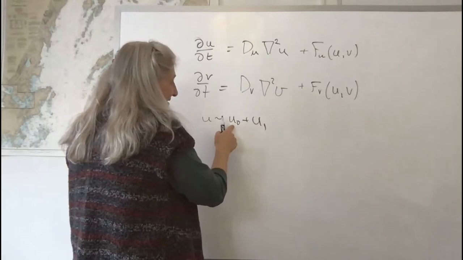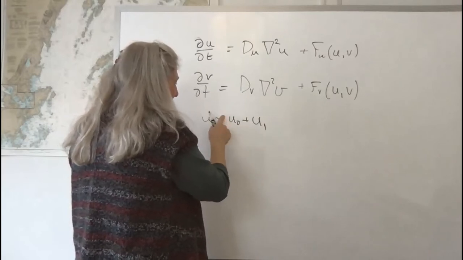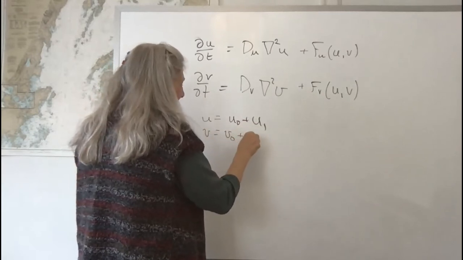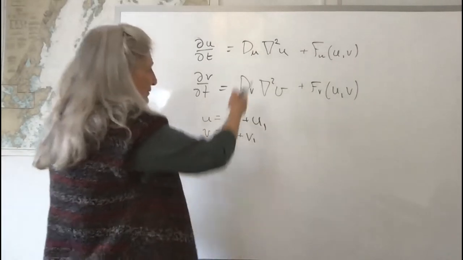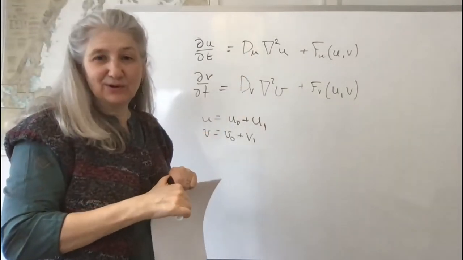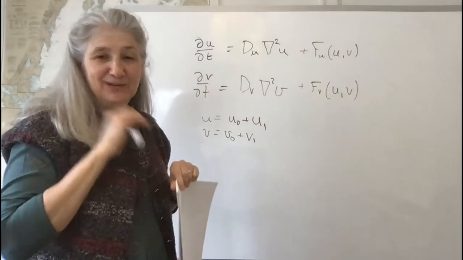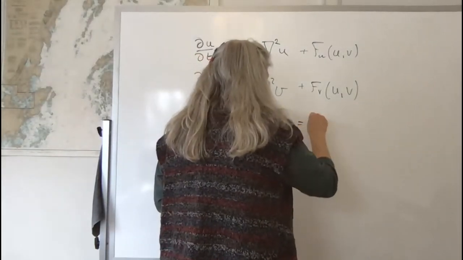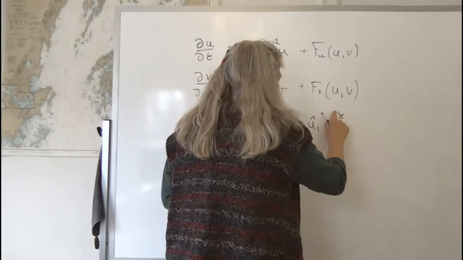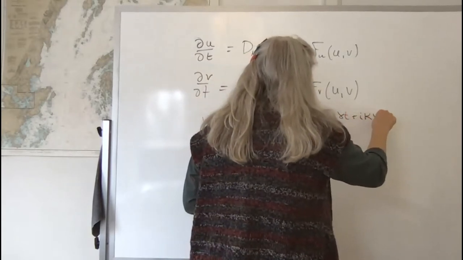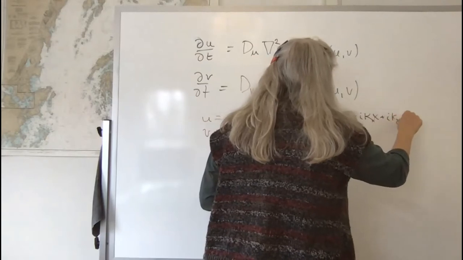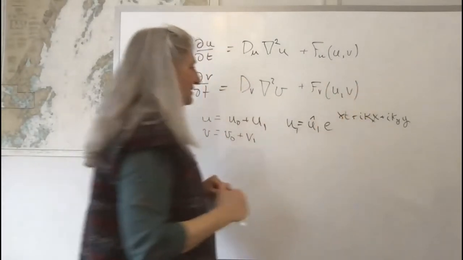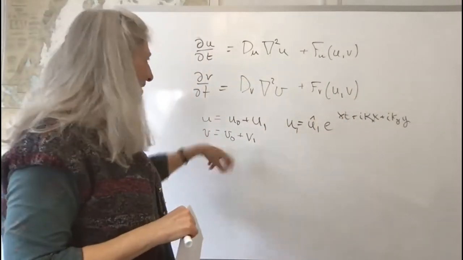We assumed U0 was the steady state solution or the fixed point, and U1 was small, and we did the same thing for V. So we put those in the equation and then expanded to first order, and we got another equation, which, if we assume that U and V went like e to the i, no, e to the gamma t plus i kx plus i ky, we looked for things that had positive gamma that gave us exponentially growing solutions after we linearized.